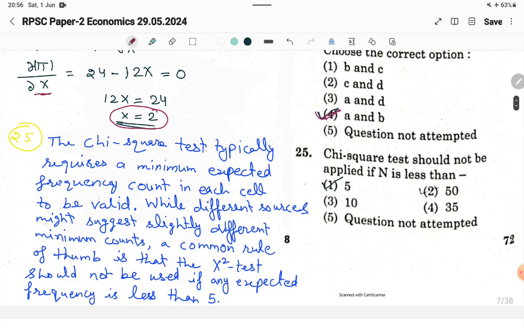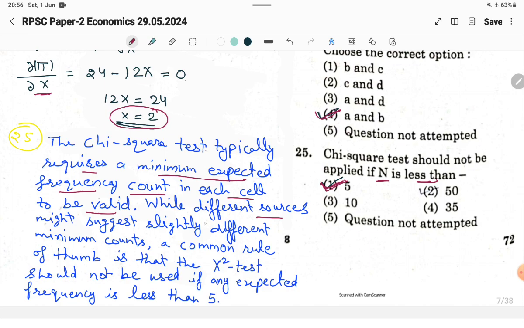Now the 25th question. Chi-square test should not be applied if n is less than 5. The chi-square test typically requires a minimum expected frequency count in each cell to be valid.